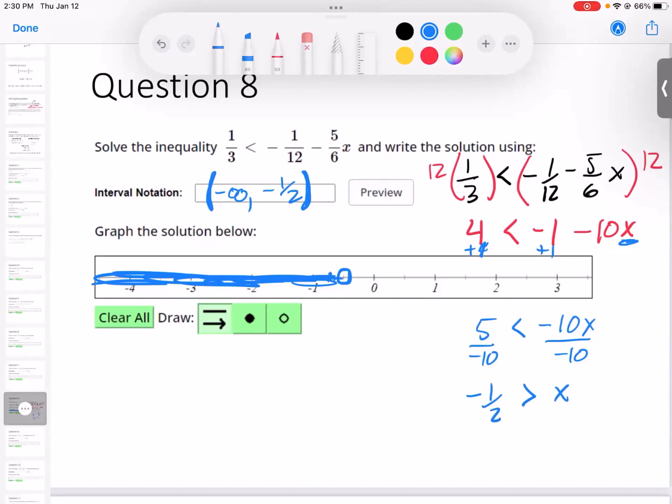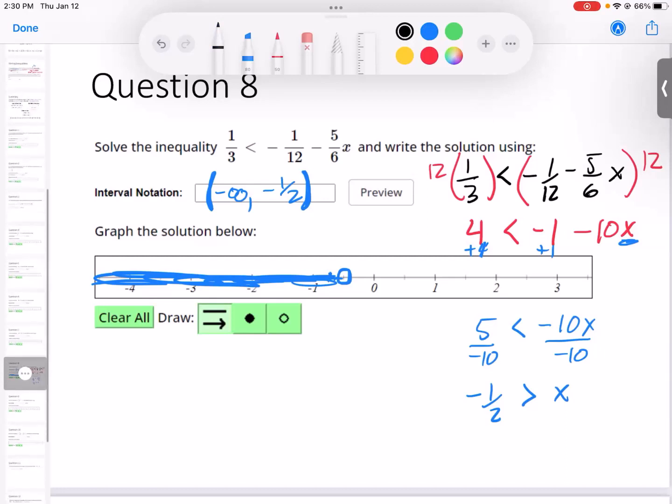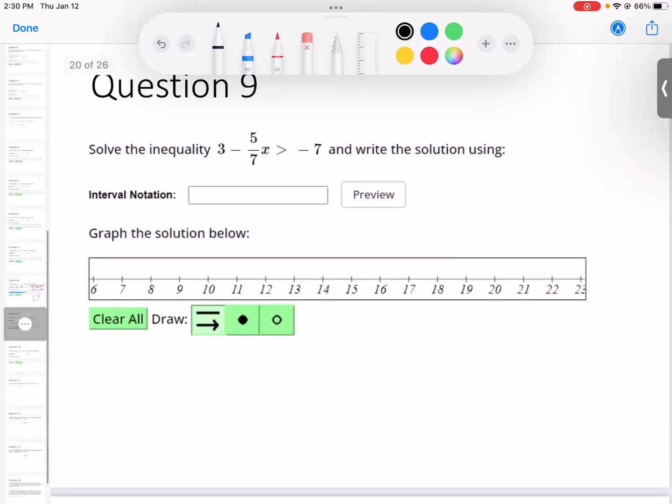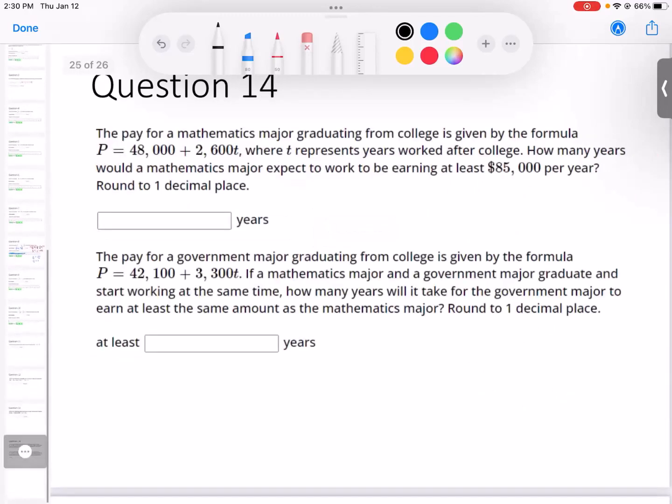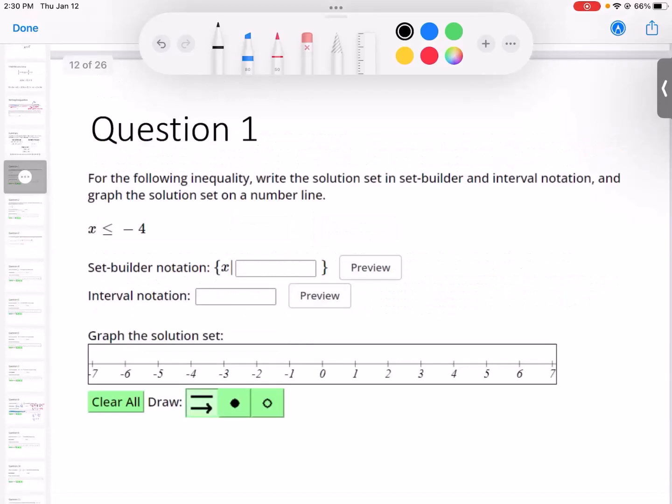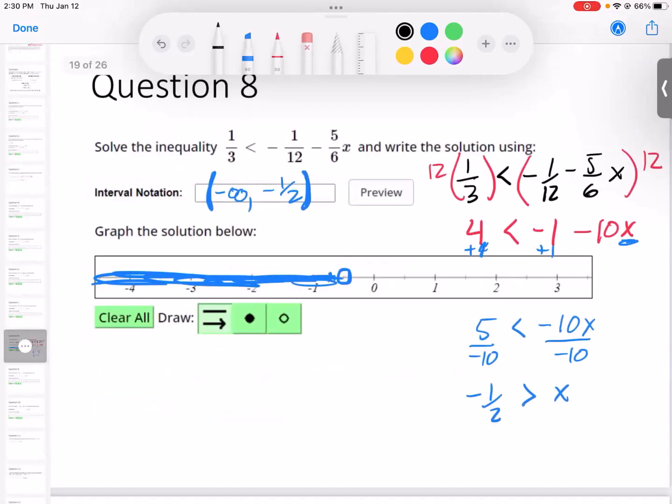How would I put or equal to? Oh, good question. Very good question. So there are 2 ways you can do it. One way is, let me find a question that has it. Okay, maybe my computer didn't have it, but there's a little yellow arrow right here that you can click on.